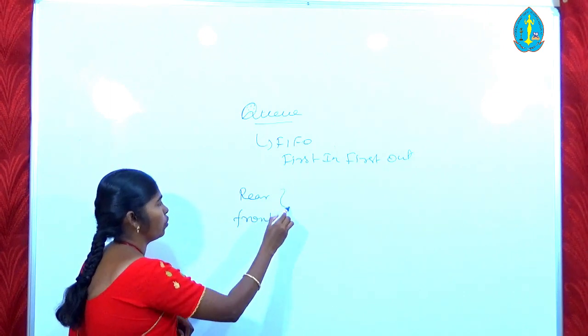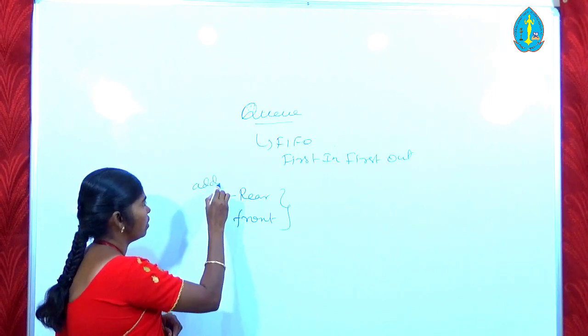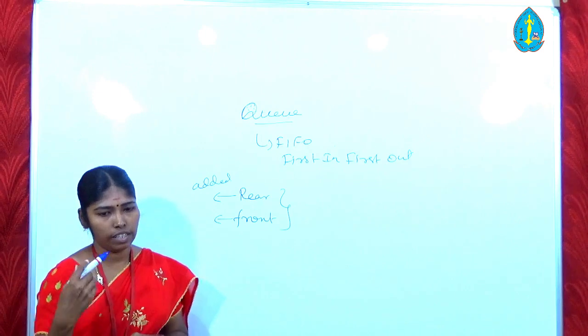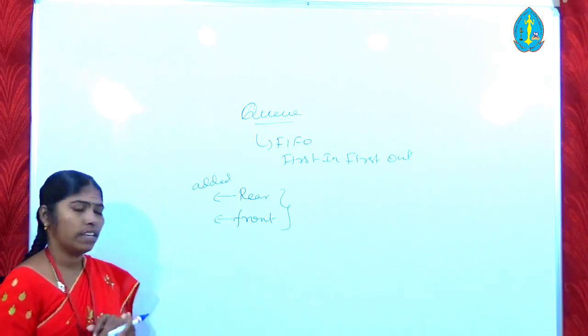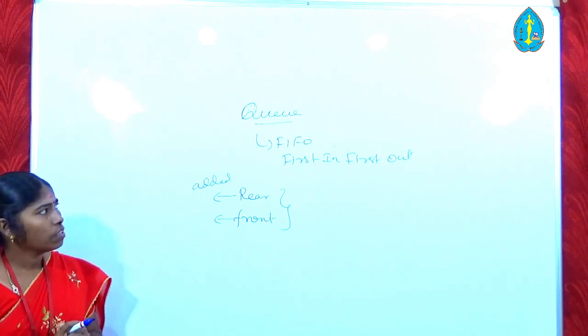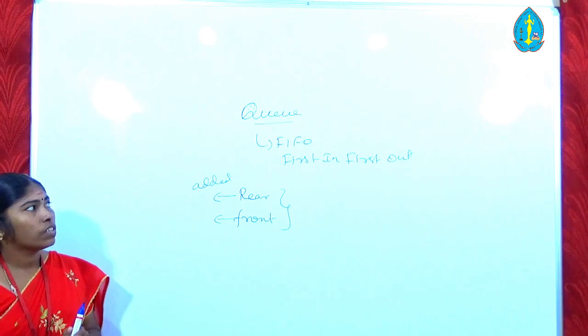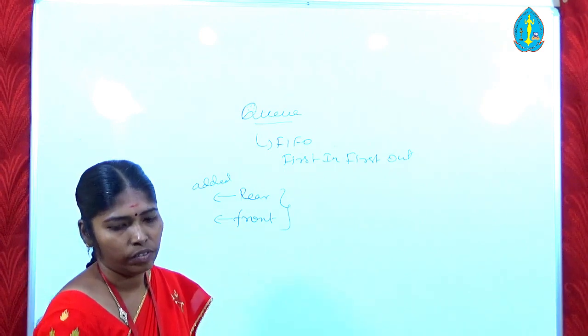Rear is where elements are added, and front is where items are deleted. The stack is the last in first out method, while the queue is the first in first out method.